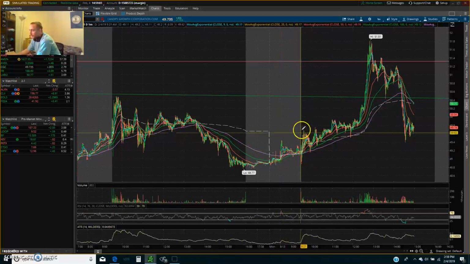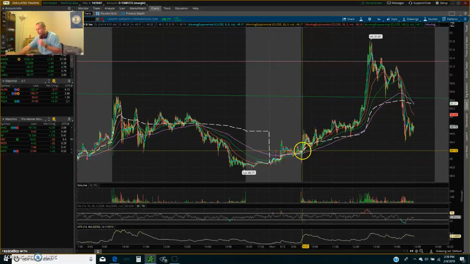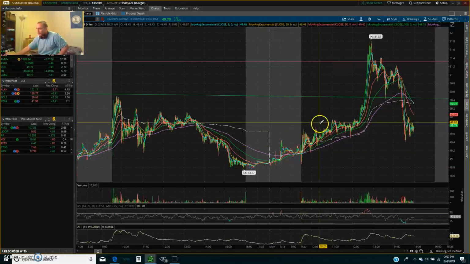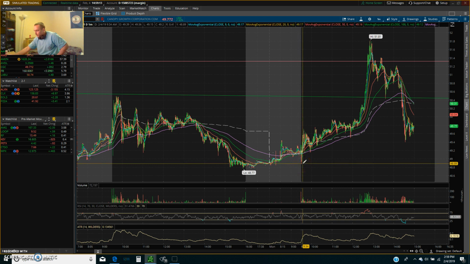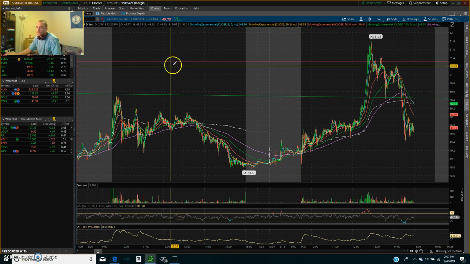It just came in with a bunch of chop, and I really shouldn't have been shook out or nervous here at all, because you want to keep in mind the average true range of the stock. That's the average amount. An average true range, or ATR, as you can see, I have it over here on this side of the screen.